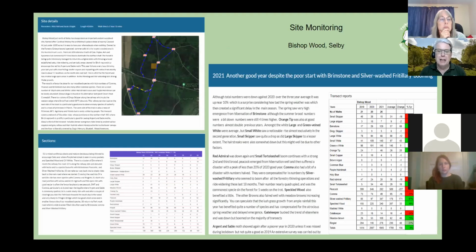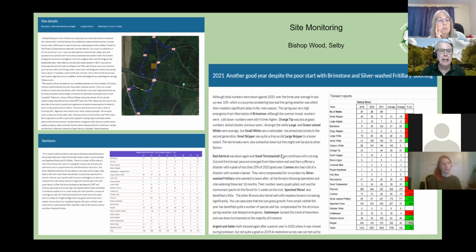So once all this data is crunched, as you've seen by Katherine, it then forms the basis of our site monitoring. Up on the screen at the moment is Bishop Wood, which is actually my transect. I've done about 60 of these reports this year. If your site has had more than 1 year's data, you can go and look at your data on the website. Just go under recording, Transect Reports, and you should find it.